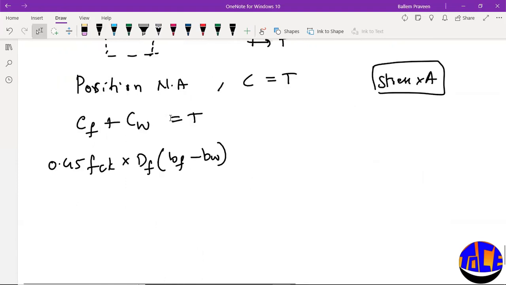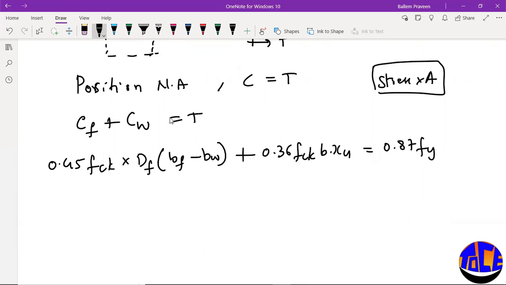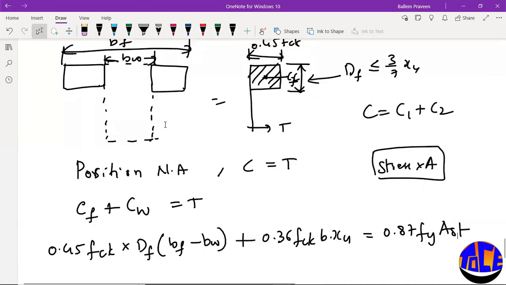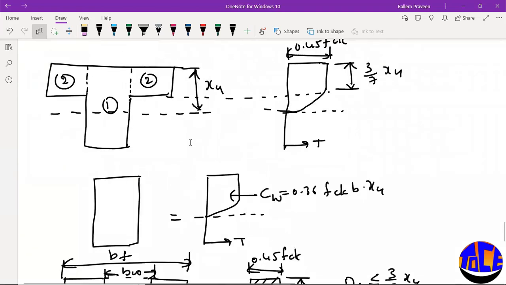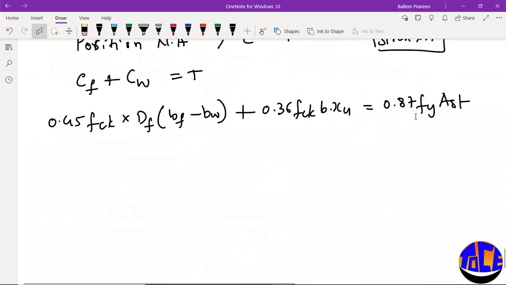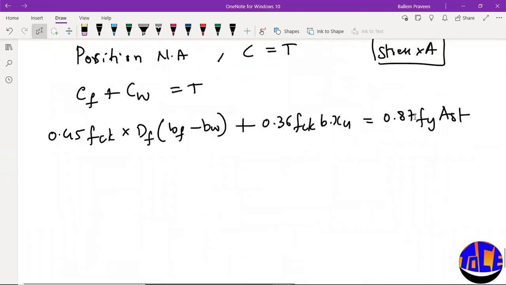So this is Cf, that is the compressive force in flange, plus the compressive force in web, which is just like a rectangular section, so it is 0.36 fck b xu. So it is equal to T. T is 0.87 fy Ast. I have taken this as common for both sections, that is why I wrote only a single formula, right?